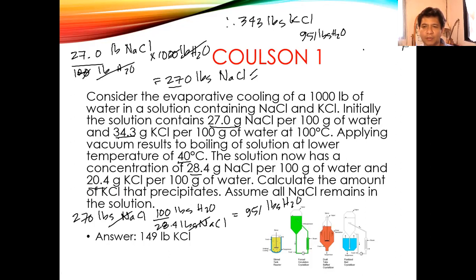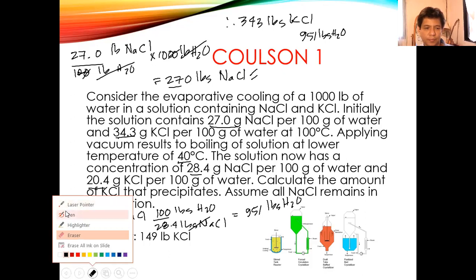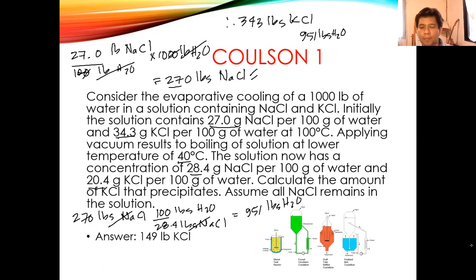Makikita niyo naman kung mali yung conversion niya. Dapat nasa ilalim yung pounds of water. So, multiply lang natin ito ng 20.4 pounds KCl, tapos 100 pounds of water. So, magka-cancel out ito. Diba?